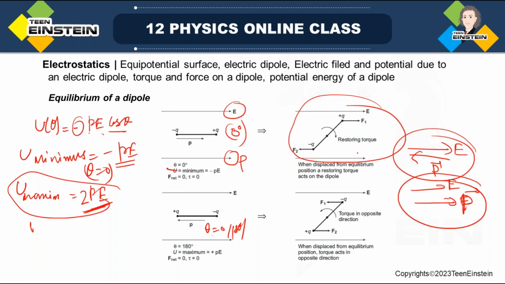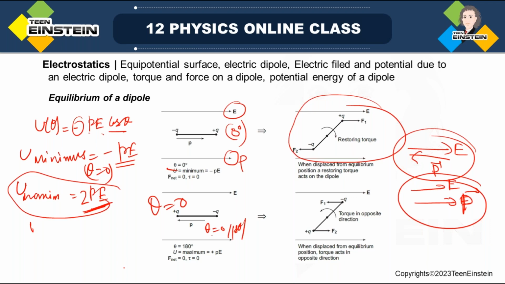Okay, so what will be the stable equilibrium condition in this case? The stable equilibrium position will be only when theta is equal to 0, because at that time the potential energy is minimum.